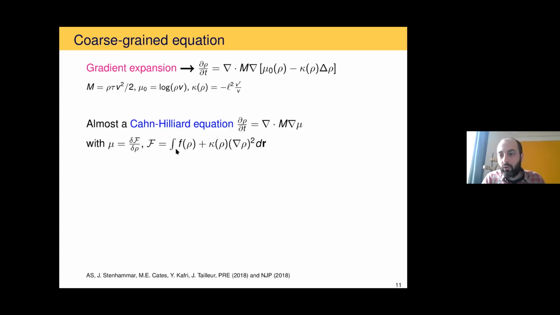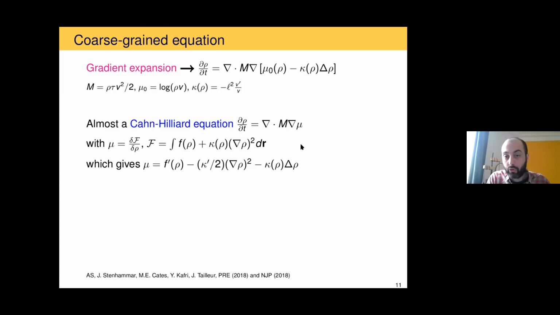To be most generic, in the spirit of a Landau expansion, you can expand the free energy as a local term, the free energy density, and the first gradient term, that is the surface tension. That's what gives you the cost of having an interface in your system. So if you do the derivative, this is what you get for mu.